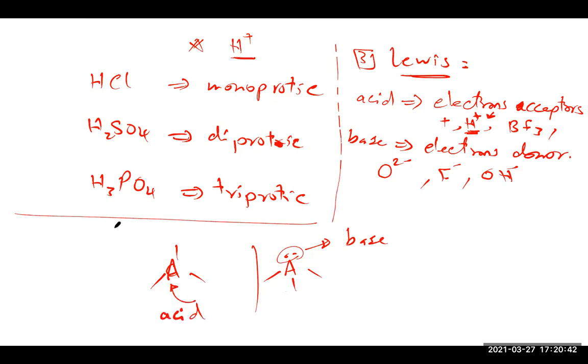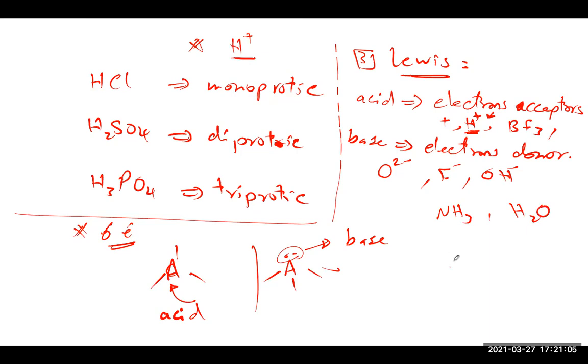So the acid will have only 6 electrons around it, so it needs to gain one more pair of electrons. For a base, the central atom will have a lone pair, so it can give these electrons to another atom, like NH3 and H2O.